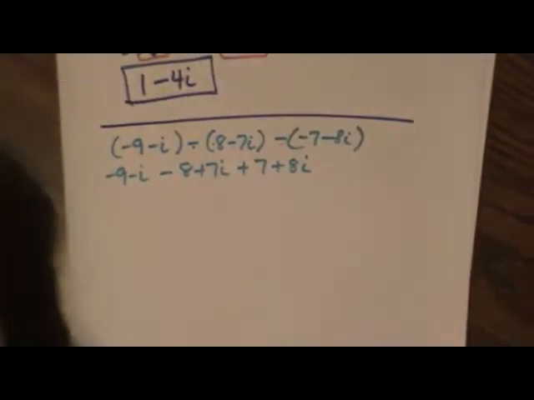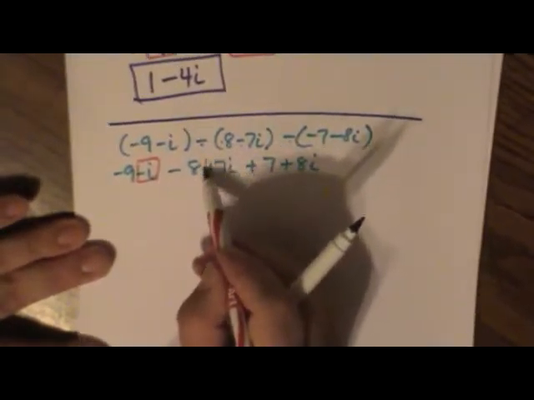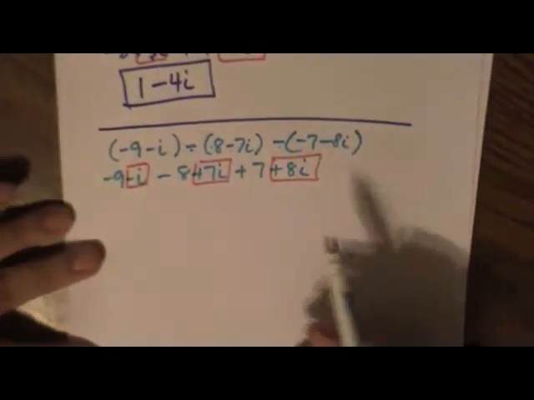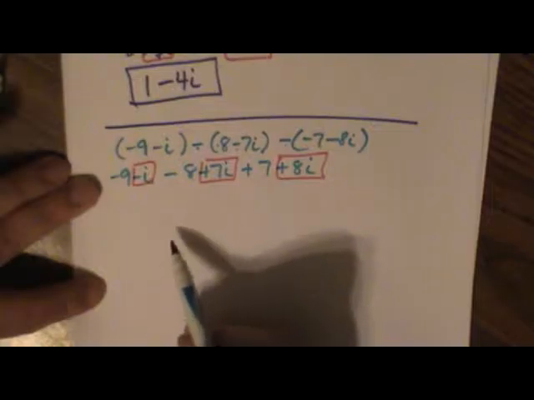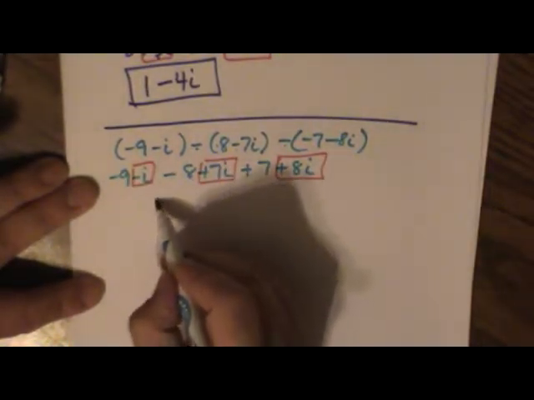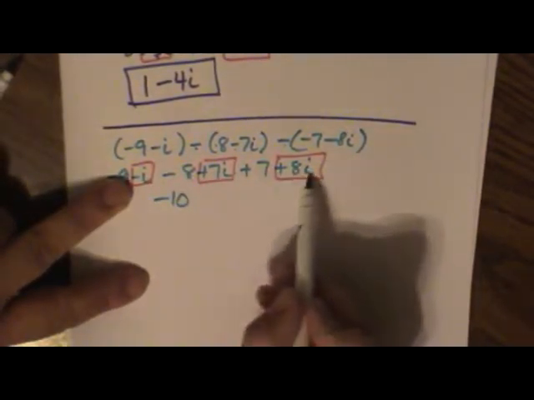Okay, now let's find all our imaginary numbers. We've got this one, this one, and this one. So let's do our real ones first. We've got negative 9 minus 8 plus 7, which would be negative 10. Then we have, these are all like terms because they all have an i on them.